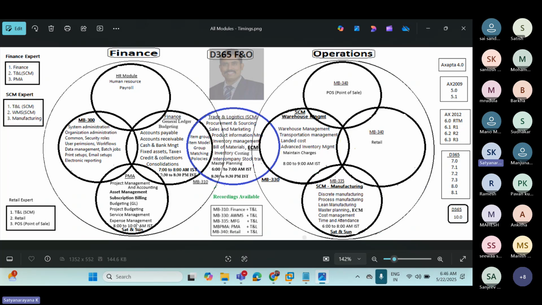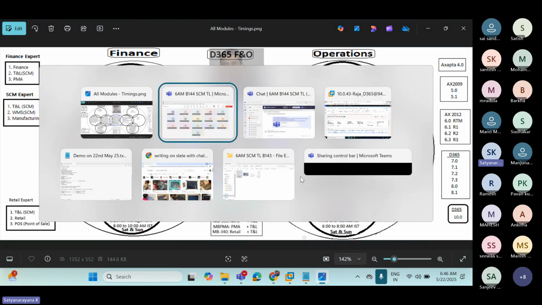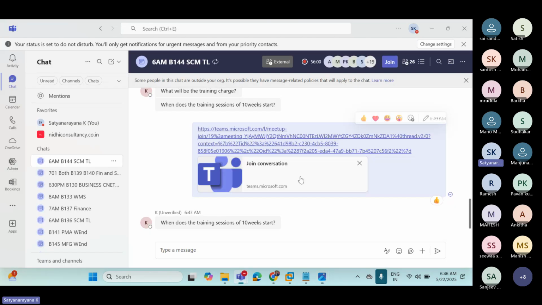Wherever the timing is available, I'm teaching these ones. These two I'm not teaching. So if you want, I will give you some other person's number to suggest, so that you can join.